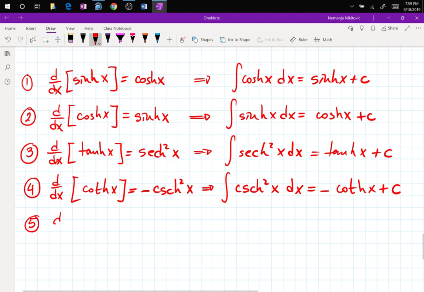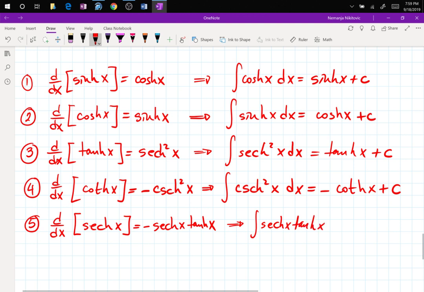Number 5, the derivative of secant hyperbolic x is going to be negative secant hyperbolic x tangent hyperbolic x. You remember this formula from trig, and it didn't have a minus. This one does. So that's the difference. The integral of secant hyperbolic x tangent hyperbolic x dx is equal to negative secant hyperbolic x plus c.